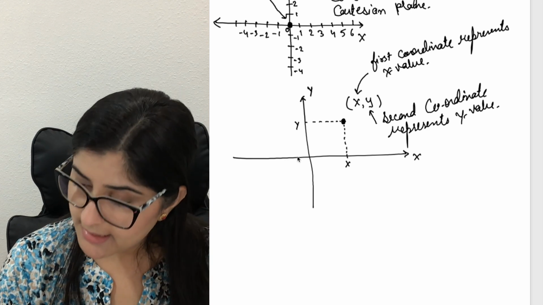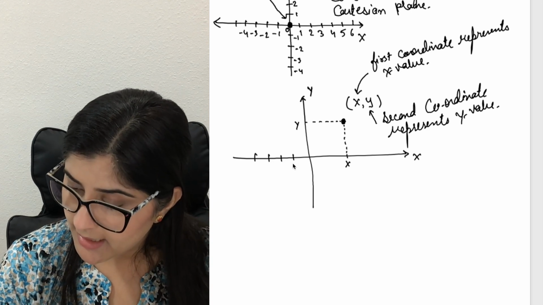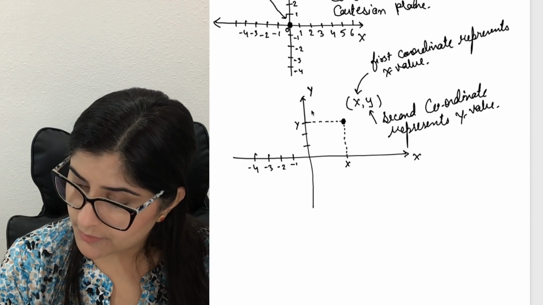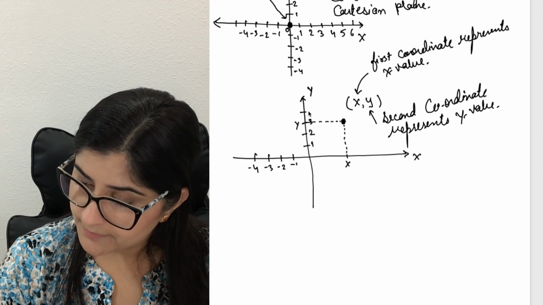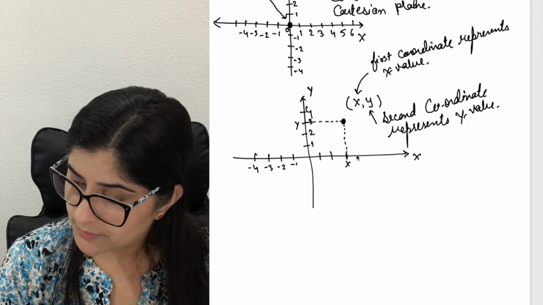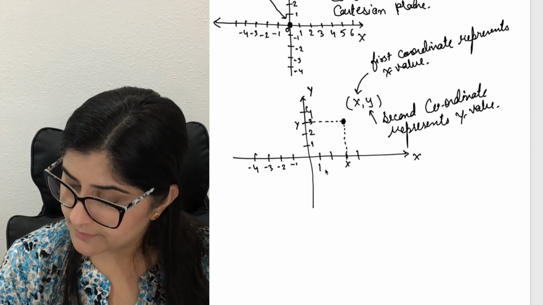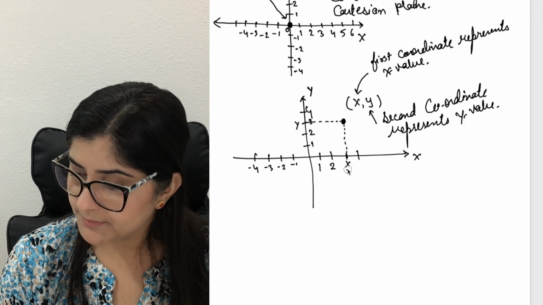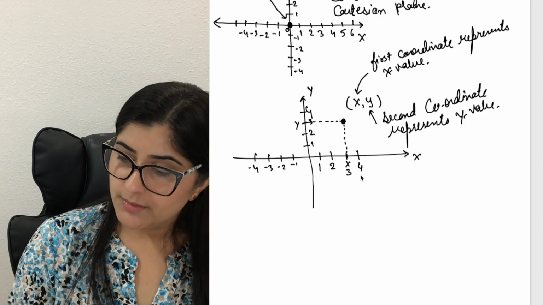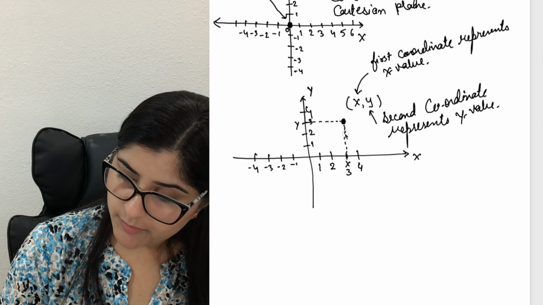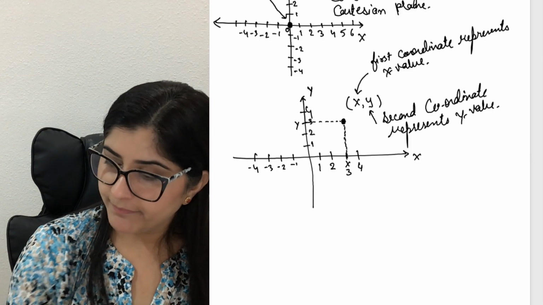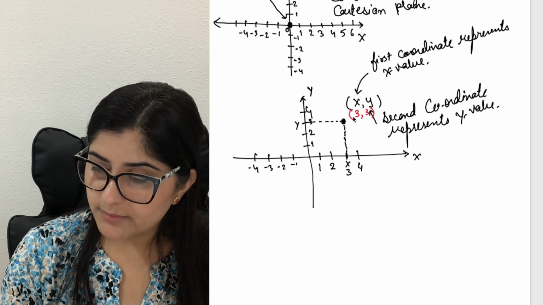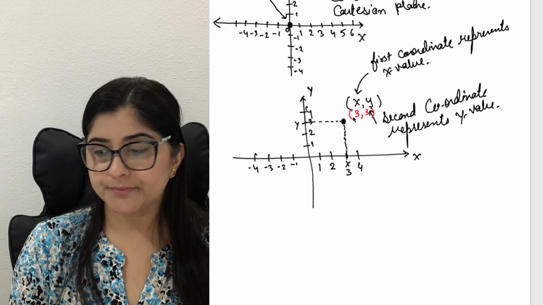Okay, if I say this is -1, -2, -3, -4, 1, 2, 3, 4, so this point corresponds to the x value 3 and the y value also 3, so the coordinates of this point will be 3 comma 3.